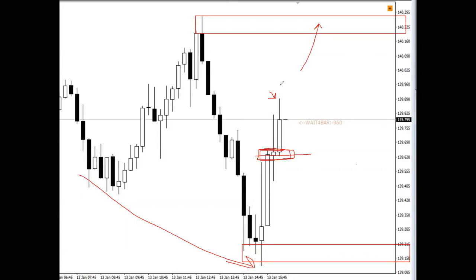Maybe it's going up to fill this wick, or maybe it's going to continue up a little bit to this area right here, if you look left. This is a very uneven line, but you get the drift, right?